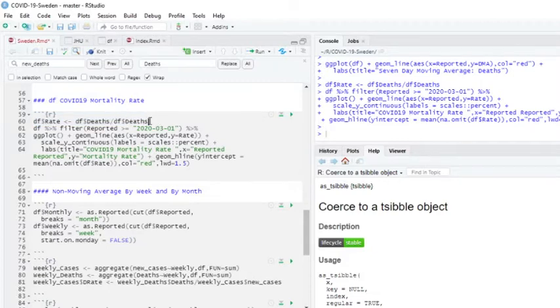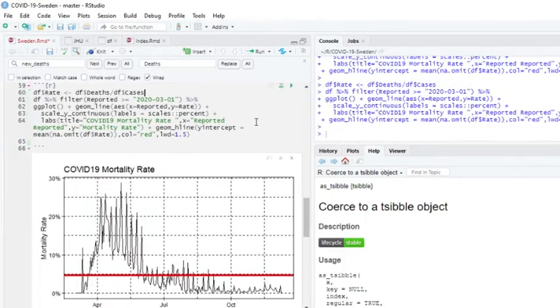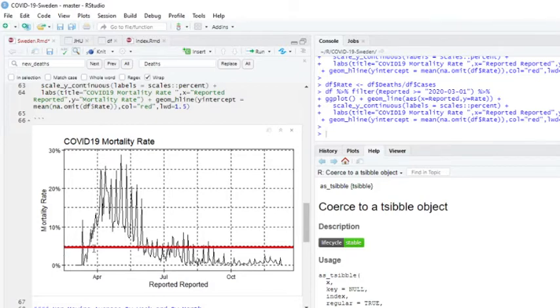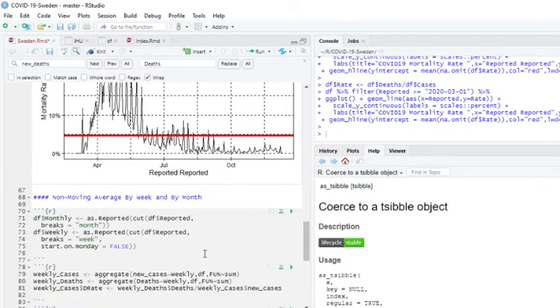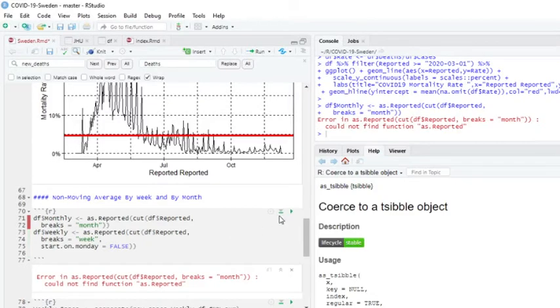Because it's cases divided by deaths divided by cases. Okay, now let's try this. Okay, here we go. So now you can see that the average daily mortality rate is about 4.55%. What I want you to notice now is how many days since October when your mortality rate in Sweden, the daily rate, has been below average. That's very good news.